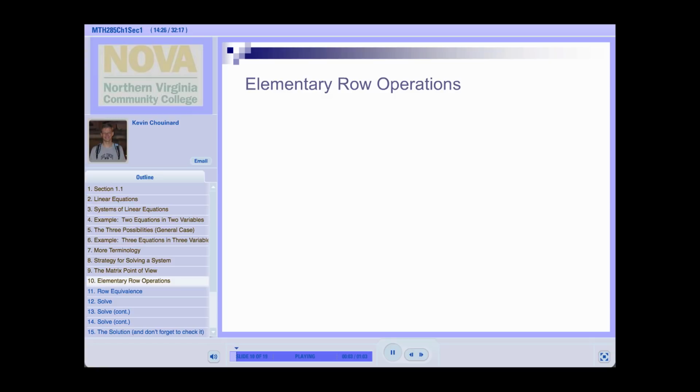What we want to do now is take a look at the three types of algebraic manipulation that we can perform on a system of equations, or equivalently that we can perform on an augmented matrix, where we preserve the solution set to the system of equations. So we can do these three things to an augmented matrix without changing in any way, shape, or form the solution set to that system of equations. So here are the three operations that you're allowed to do.